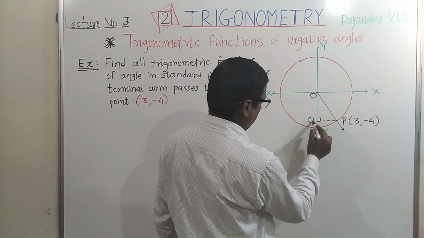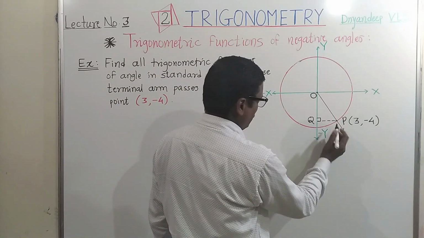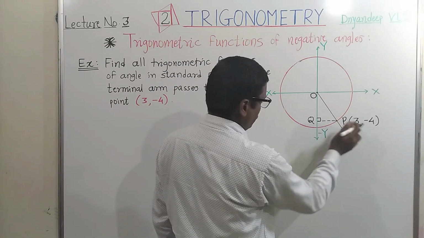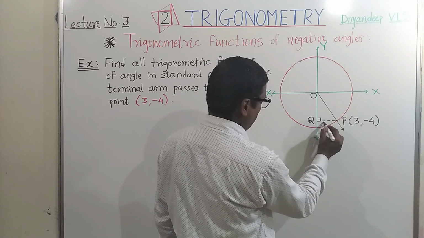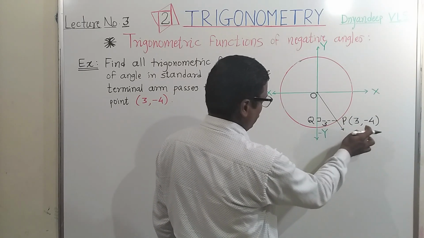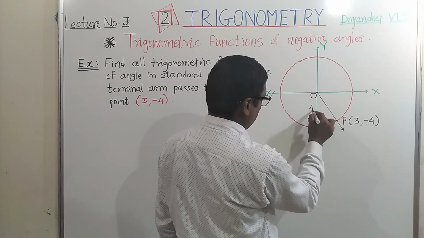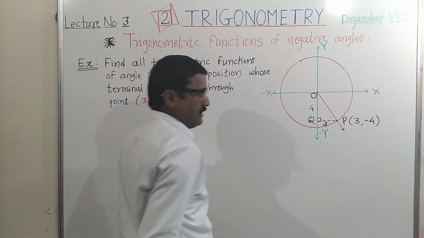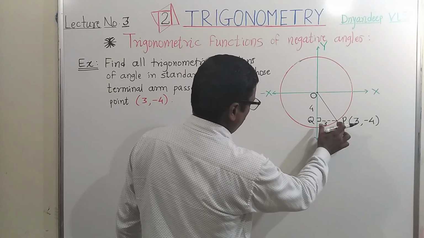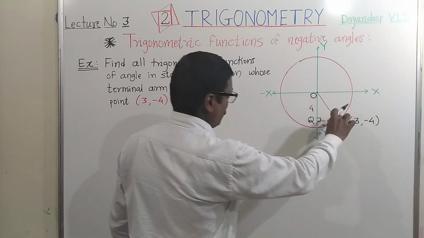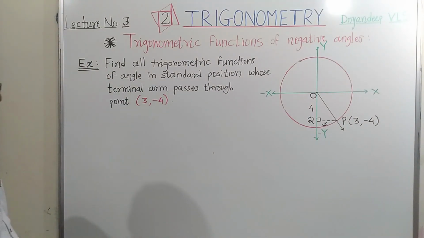Let the foot of the perpendicular be Q. So obviously this PQ is nothing but this x. This is x, parallel to x, so it is 3. And this minus 4 means this distance OQ is 4, but as a coordinate it is negative 4. Okay. So in this triangle OPQ, PQ equal to 3, OQ equal to 4, from that we can find the radius of the circle, because here the radius of the circle is not given.